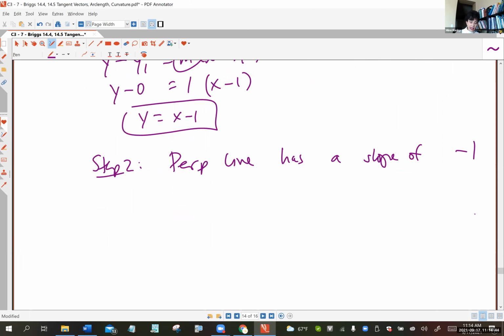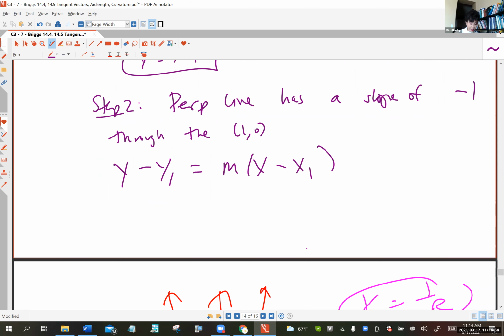And it also passes through the point 1, 0. So if we use this y minus y1 equals m times x minus x1 all over again, because we can, but now the slope is -1 because we're trying to do a perpendicular line, I get y equals, after distributing my negative, -x plus 1. Okay, fine.